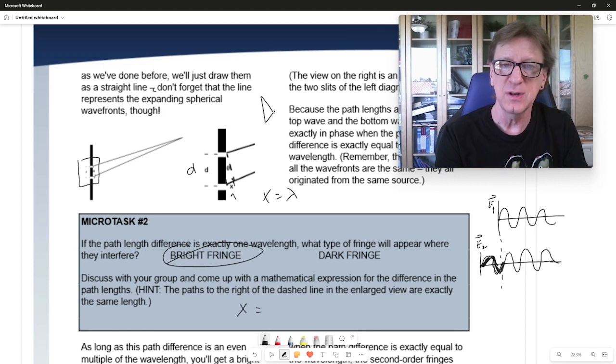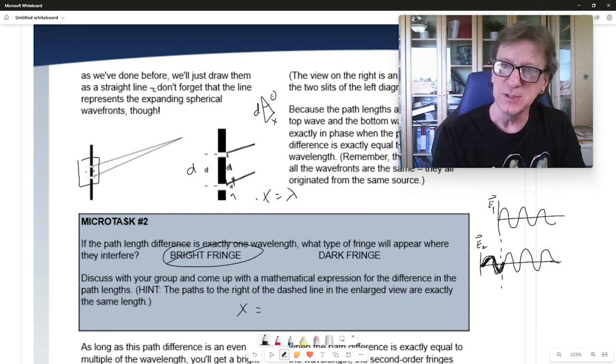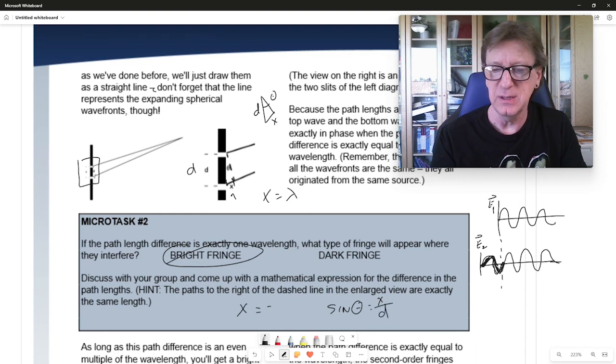Let's draw that and make sure that everybody sees that. That's the hypotenuse of my triangle. That's x. This is theta. So is that going to be sine, cosine, or tangent? It's going to be a sine. So the sine of theta is going to be the opposite over the hypotenuse, so x over d. And so that means x is going to equal d sine theta.